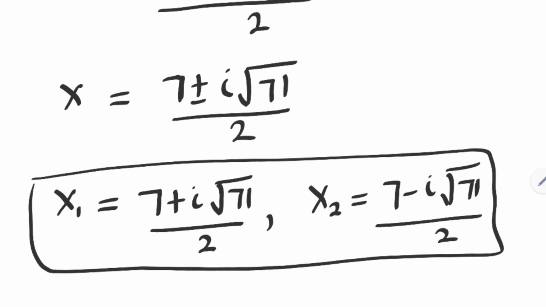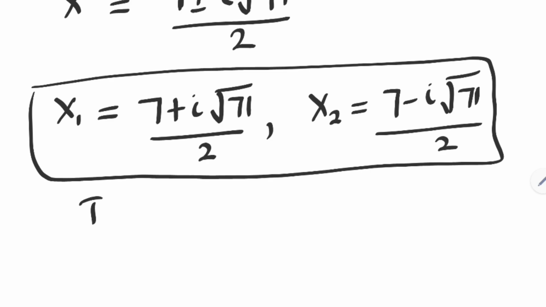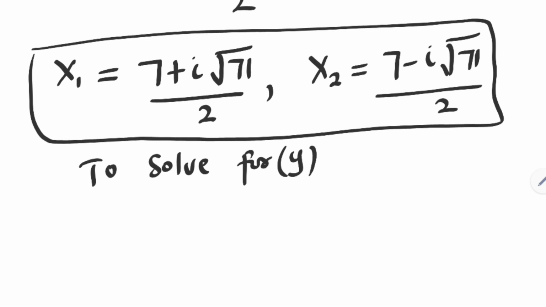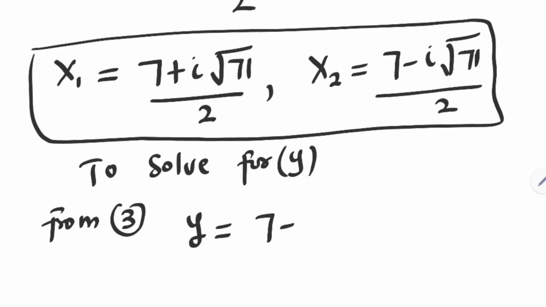Let us solve for y. To solve for y, from equation 3, y is equal to 7 minus x.